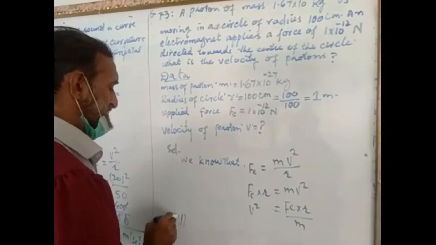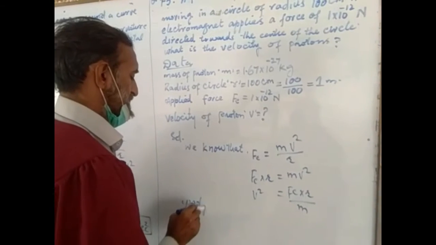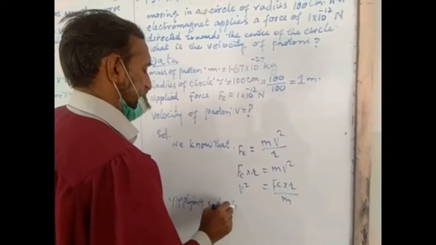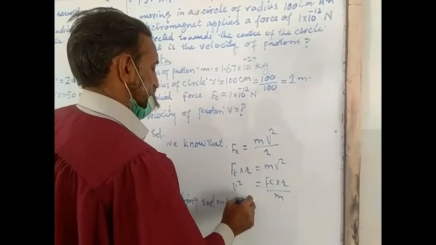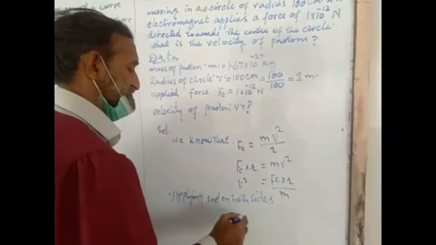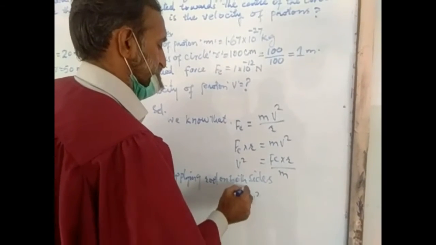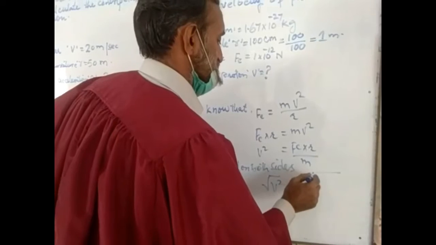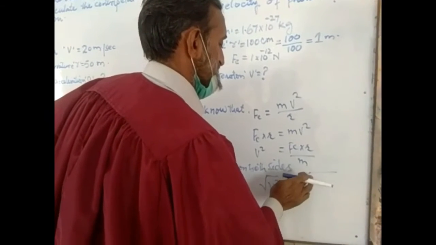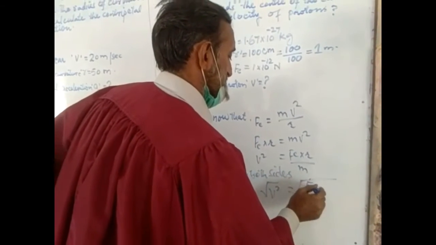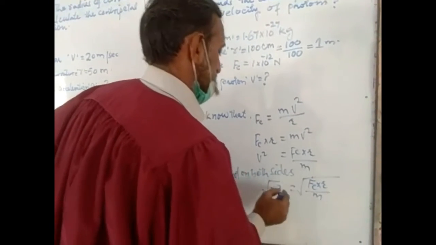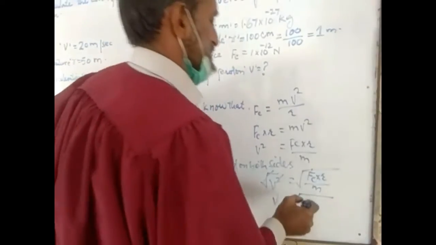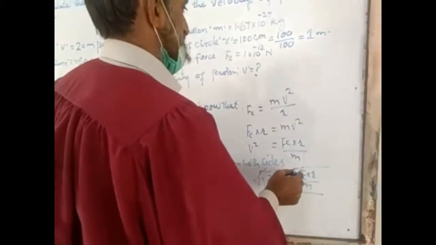Applying root on both sides, v is equal to root of Fc multiplied by r upon m. Root will cancel the square.